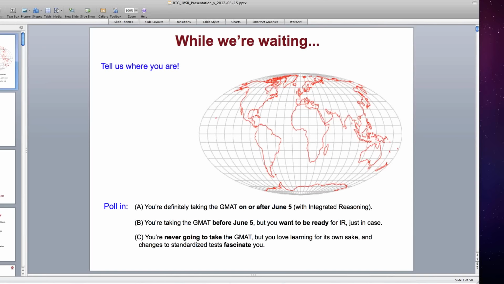A couple things more about her background as well. So before she returned to school for a doctorate, and an MBA, by the way, from Booth, Liz earned a degree in math from my alma mater, Stanford University, go Cardinal. And then she worked as a computer programmer at Apple, as well as at several high-tech startups in Silicon Valley. Liz also is the co-author of Manhattan GMAT's GMAT Roadmap book.